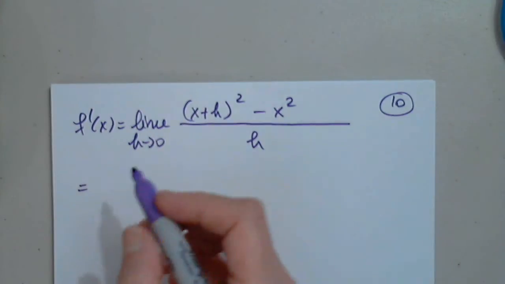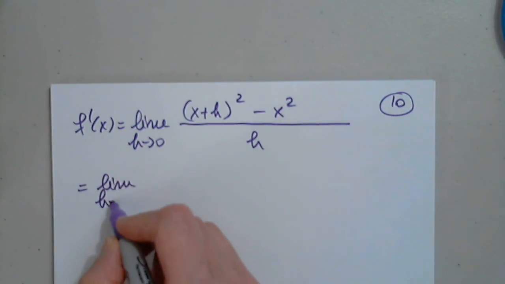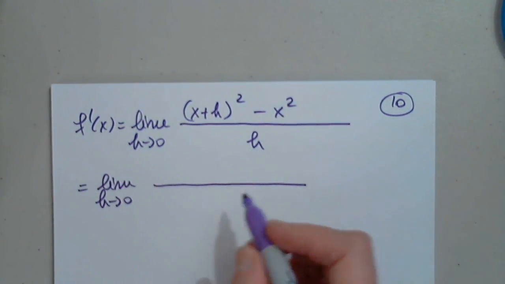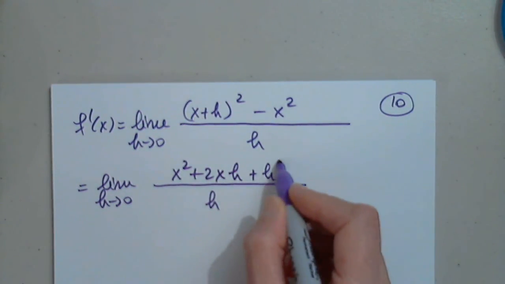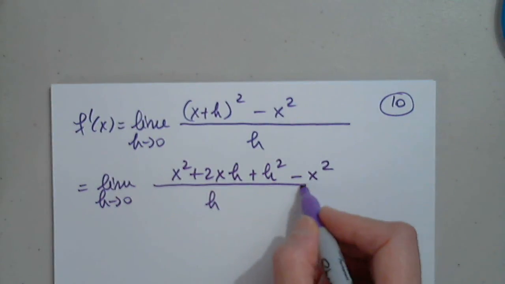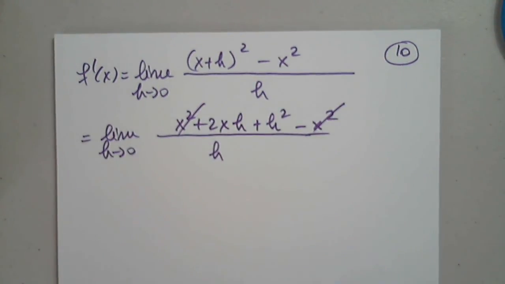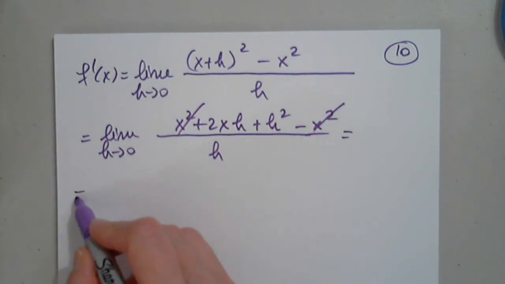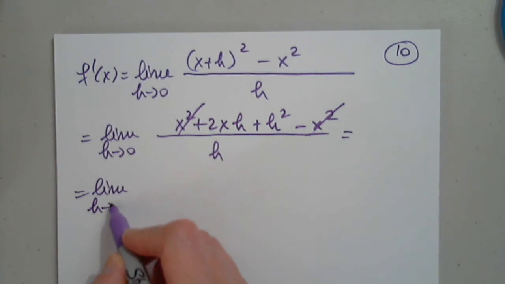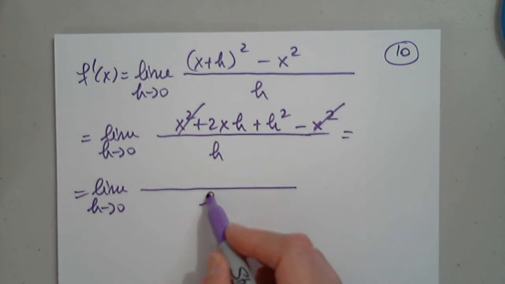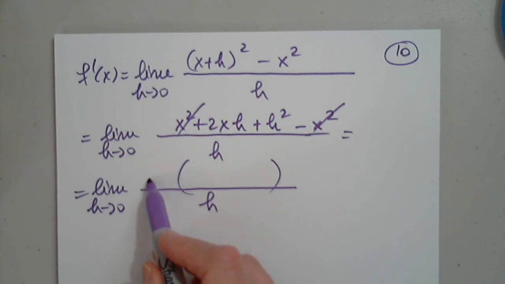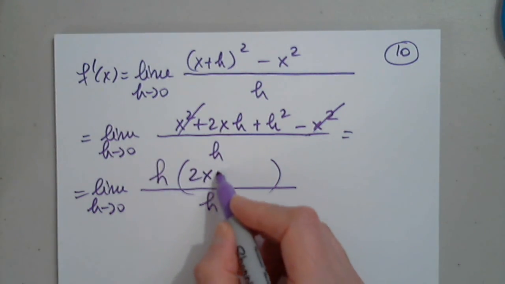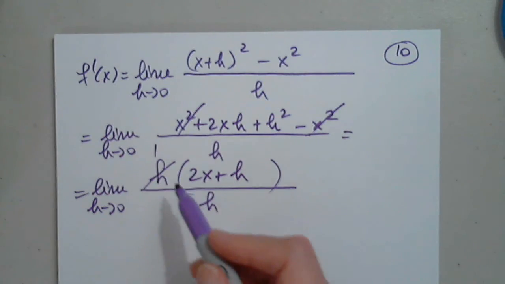Good. So can anyone expand that for us? X squared plus 2xh plus h squared. Thank you very much. Of course, h in the denominator must go away. What will be the next step, please? You factor h out of the term. Good. 2x plus h.